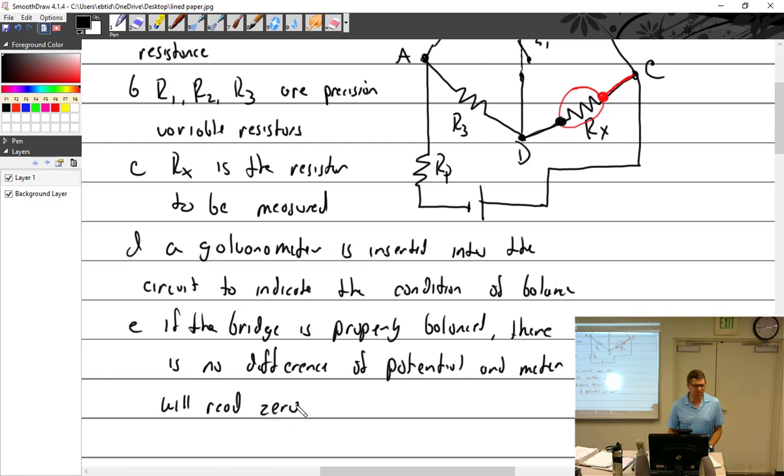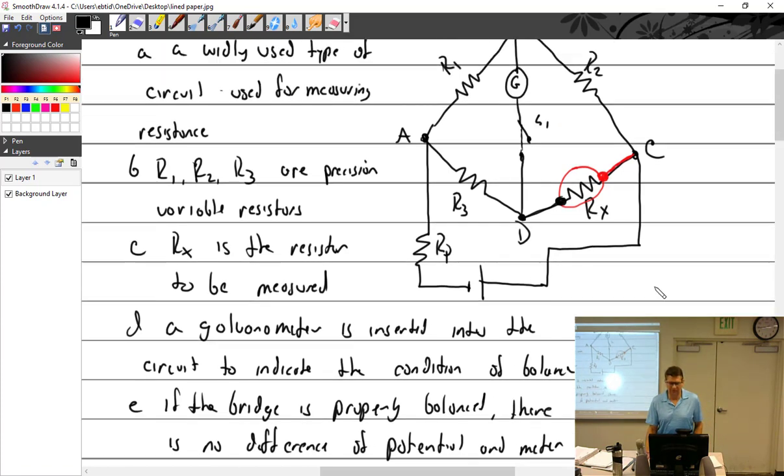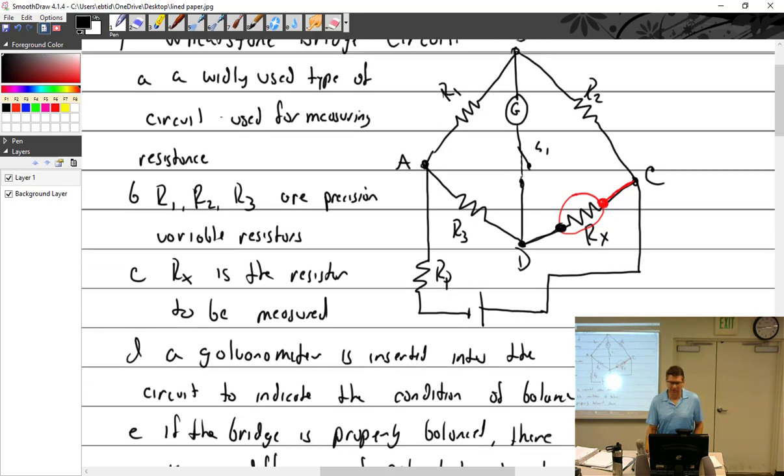When does your meter read 0 when you have it on the ohm scale? You short out your leads. 0. So technically the whole thing is in balance. That's what you're doing with, it might be RP in this particular case. You're zeroing out to balance it out.